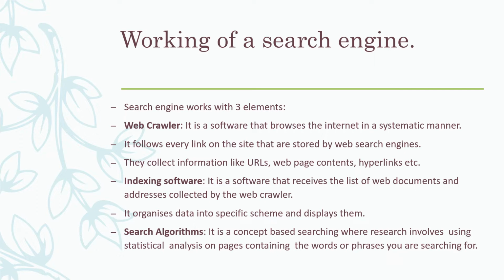Then it shows you results in a sequential order. That particular sequential order is also decided by the search algorithm, and the way it skips the unnecessary pages from being displayed to the user. All these are the job of the search algorithm.